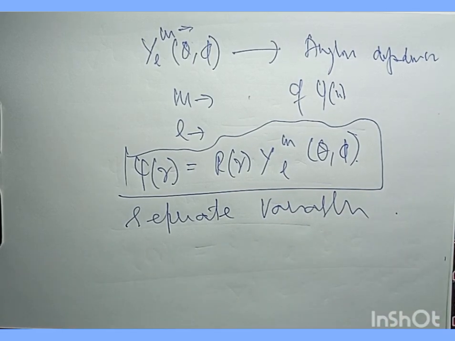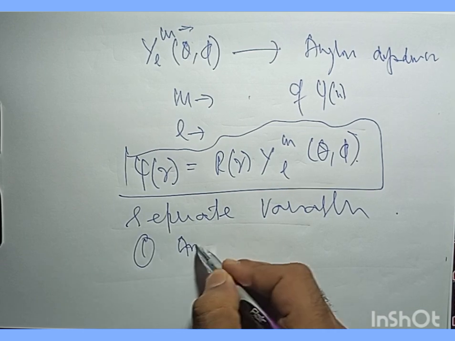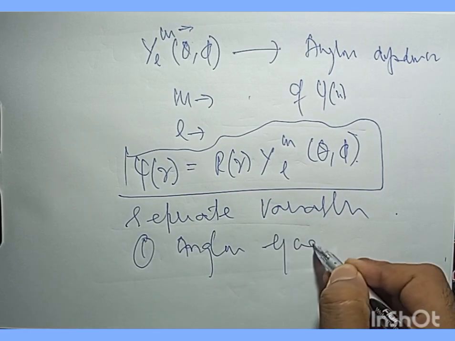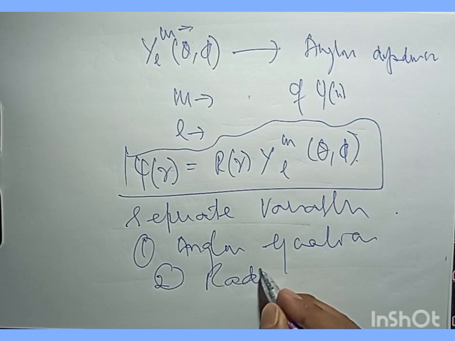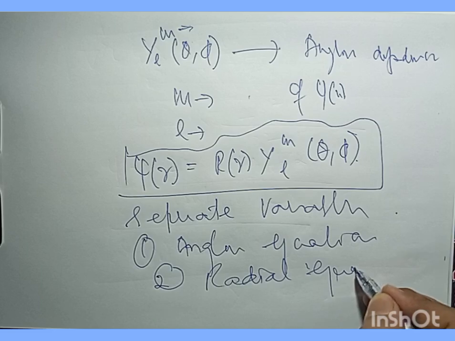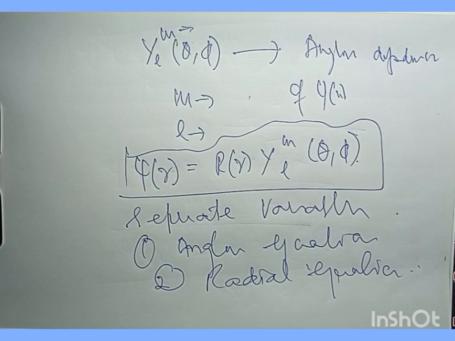When we separate the variables, we get two equations: one is the angular equation and the other is the radial equation. We should remember exactly how we boil down those separate equations and connect them using some fundamental constants, like the quantization of angular momentum.